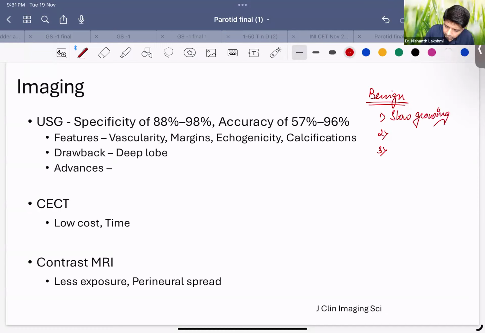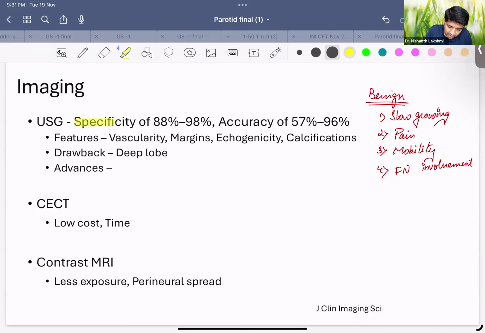Anything else? Pain is one of the features. Then mobility is one of the features. And facial nerve involvement. That does not mean facial nerve is involved in all malignant cases. But if facial nerve is involved, it is more likely to be a malignant case.